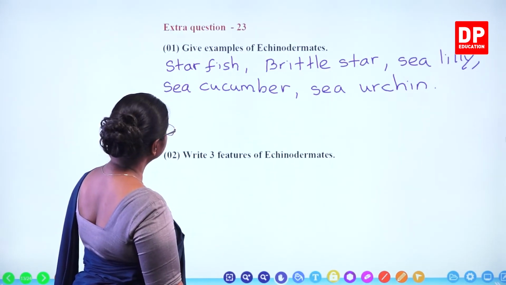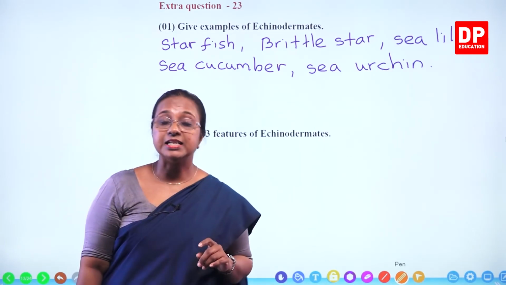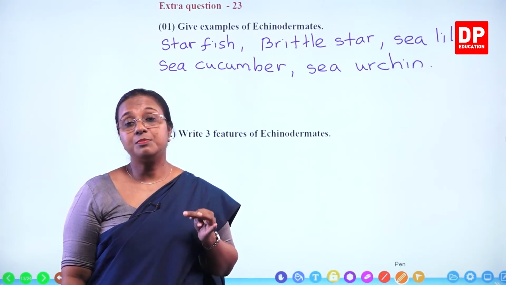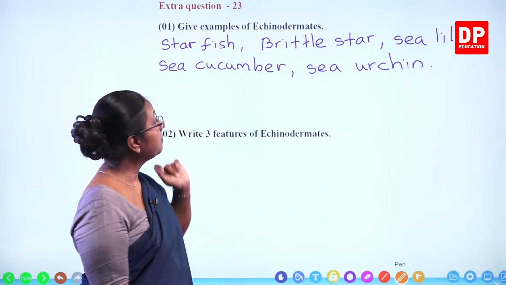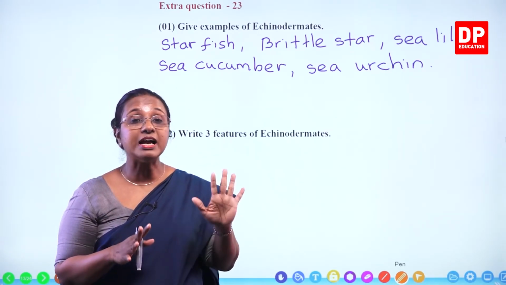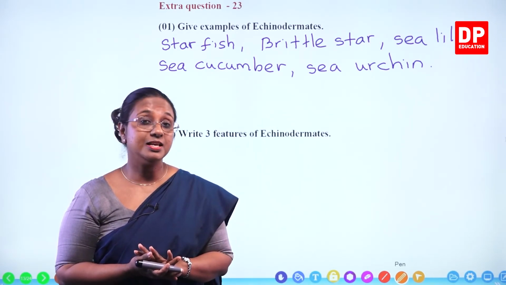Then we have the next part of the question. Write 3 features of echinoderms. What are the features? They are multicellular, triploblastic and coelomic. Their body has pentaradial symmetry. Why? The body is divided into 5 radial arms. So because of that, they show pentaradial symmetry.